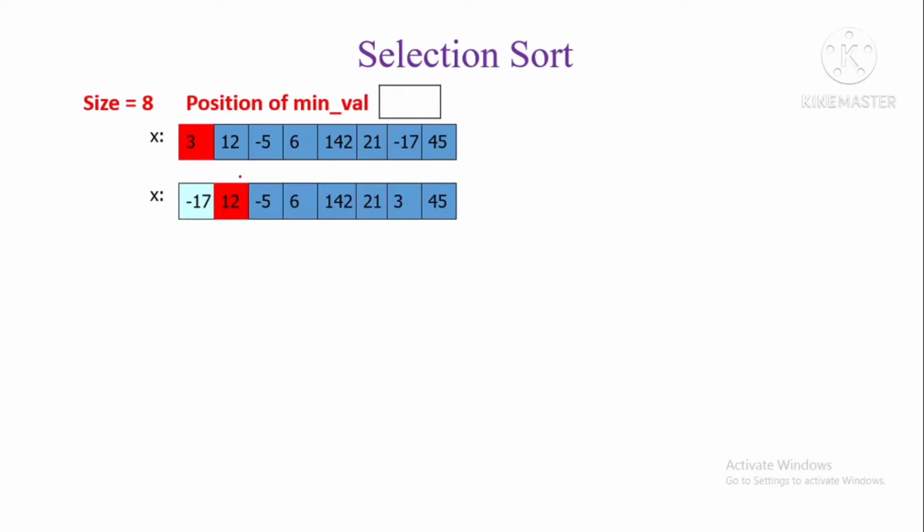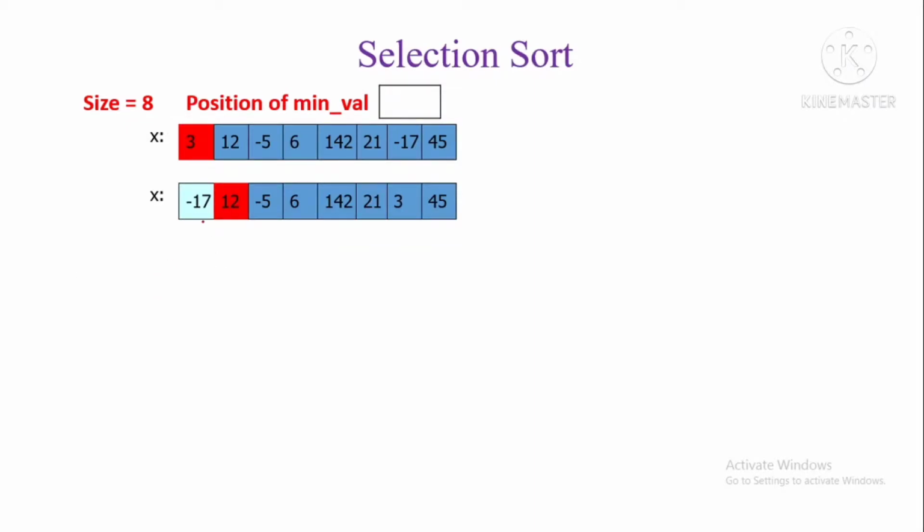So what we have done is store the position of the minimum element. Initially we kept it as 0, and then later it changed to 2, and at the end of the iteration we got the value 6. So the 0th element should be swapped with the 6th element.